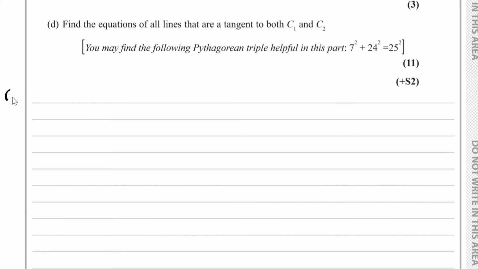So for part A of the question, we've got our curve x minus a squared plus y minus b squared equals r squared. We've got the centre being at a, b. Let's call this equation 1.